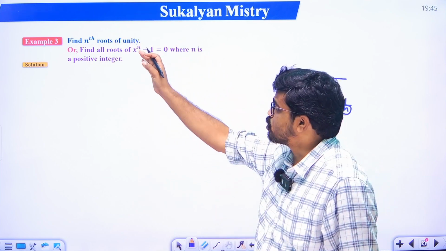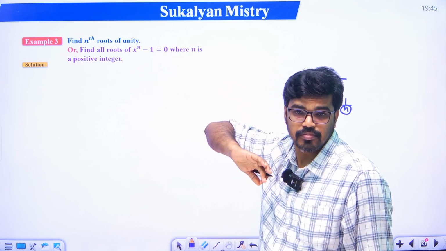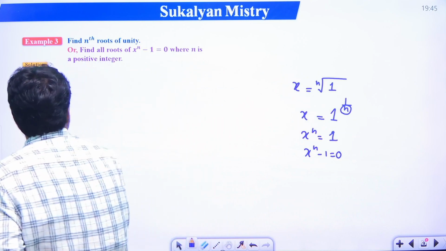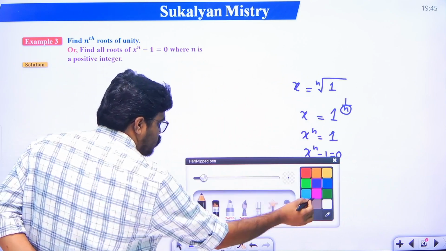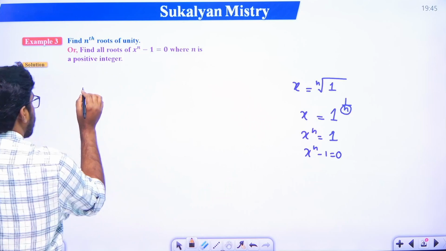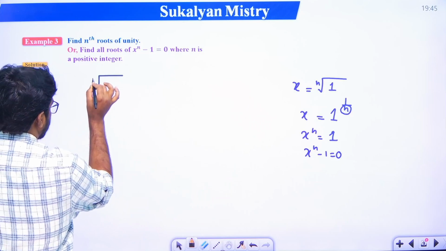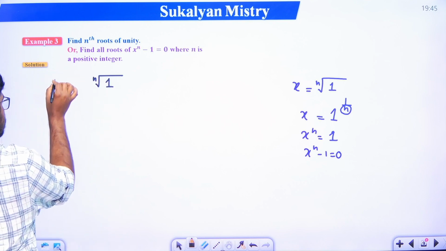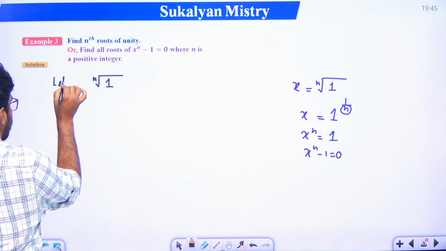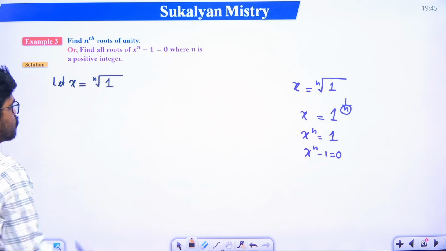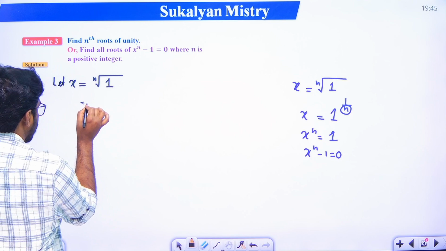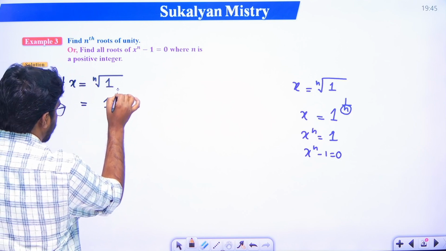Basically we have to calculate the values of x, the nth root of 1. Let x be equal to this, so x equals 1 to the power 1 by n.